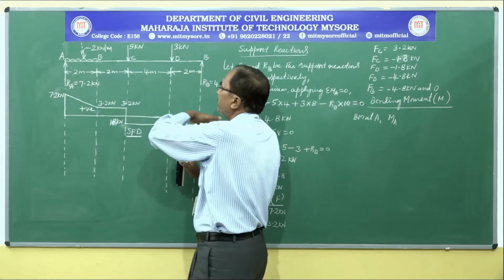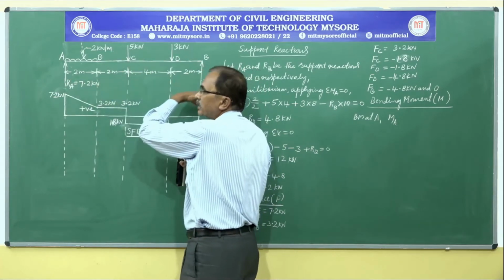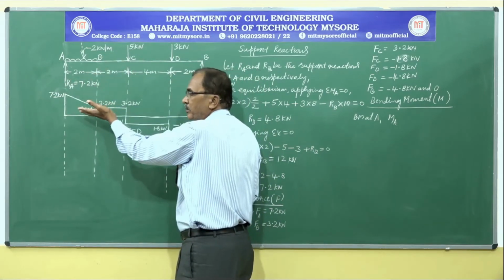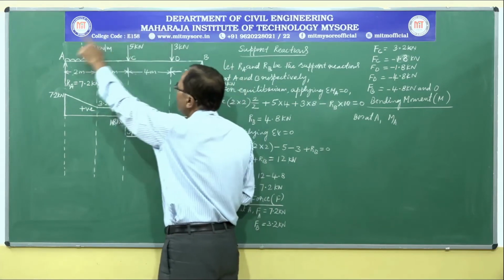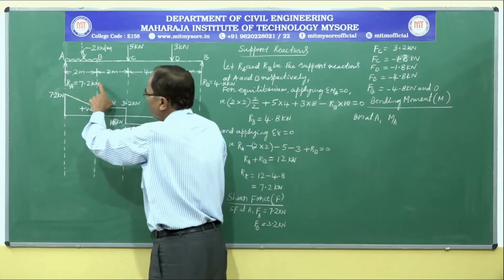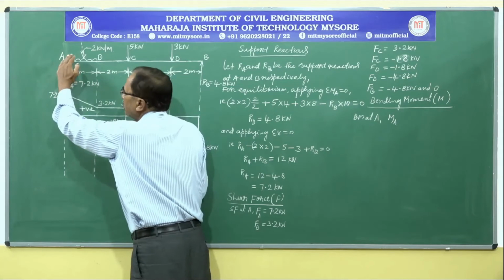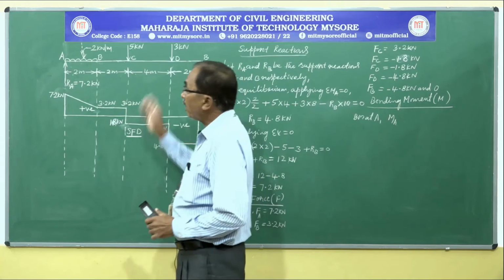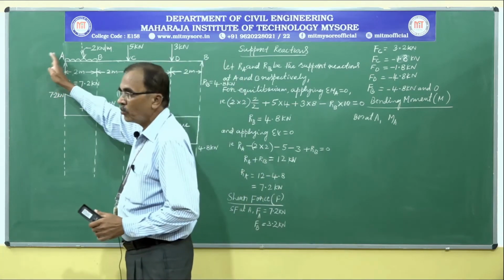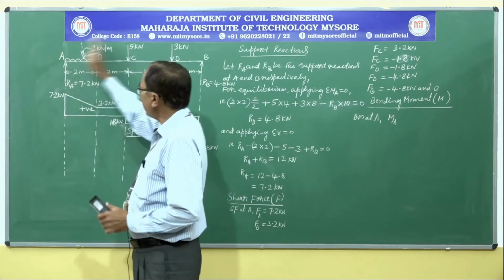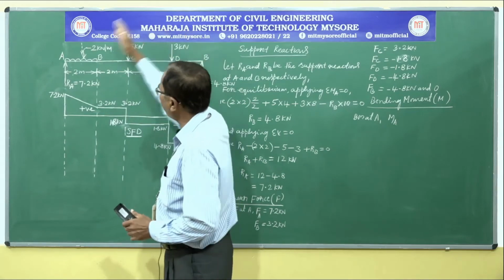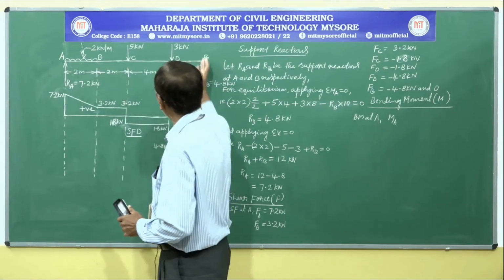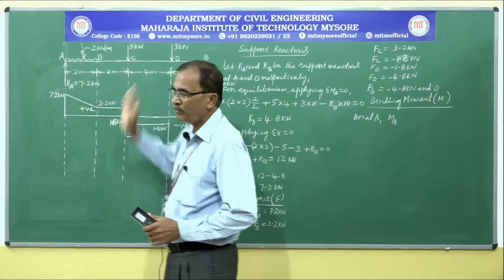To the right of A there are forces. Finally, moment due to all these forces is equal to the moment due to the forces considering the left hand side. As there are no forces to the left hand side, no moment, and to the right hand side, though there are forces, moment due to all these forces must be equal to 0.